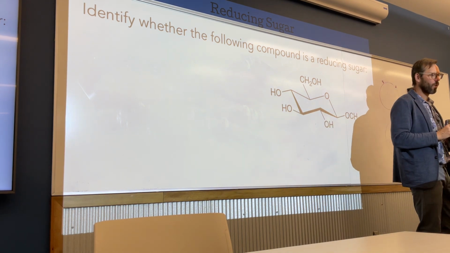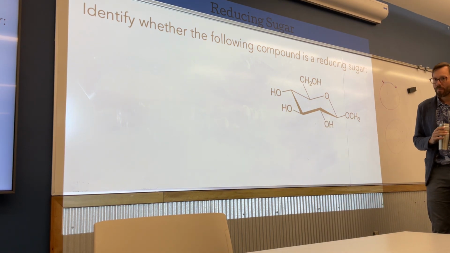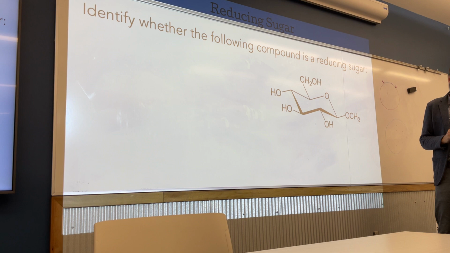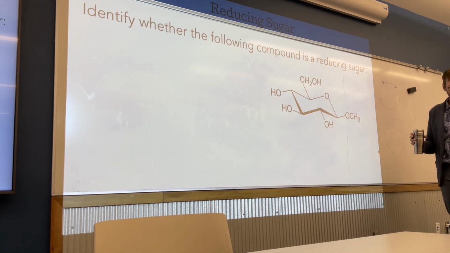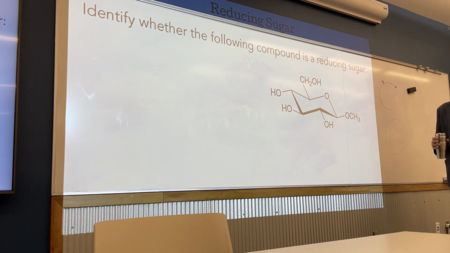So we need to know if there is a hemiacetal or an acetal. And so in this case, look at the anomeric carbon, and which one do you see here? You see acetal or hemiacetal? Acetal.